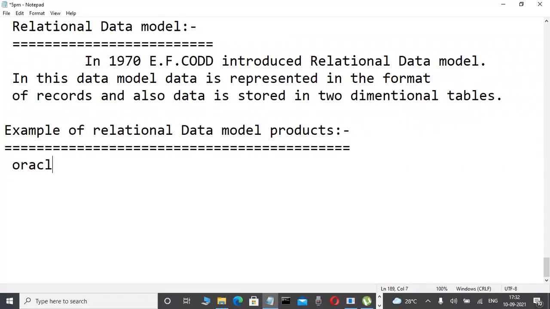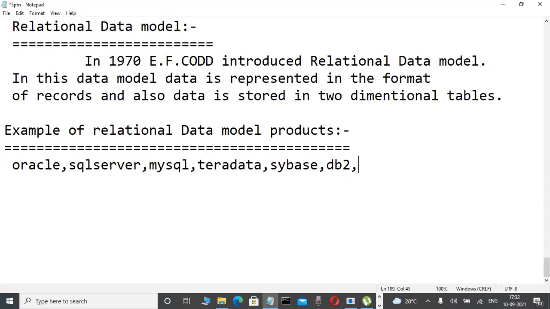One is Oracle, another is SQL Server, MySQL, Teradata, Sybase, DB2, Informix, SQLite. So many DBMS products are nothing but relational data model products basically.